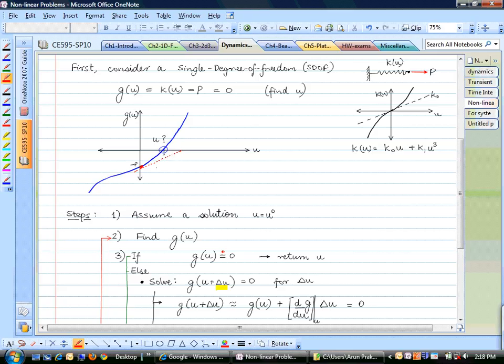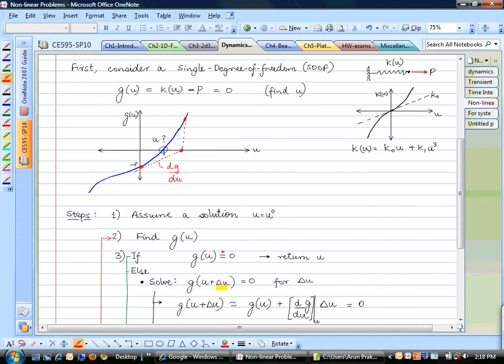So this derivative, this is dg over du. That's the slope of this line. I can calculate that at this point, and according to this derivative, it will predict that your solution is somewhere here. Now I will calculate my function value again, but obviously g is not 0.